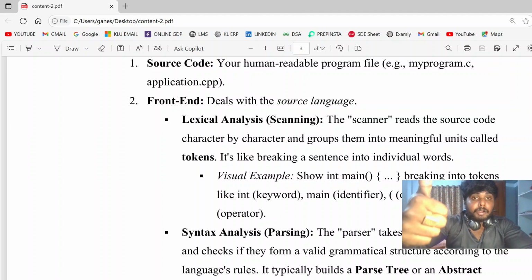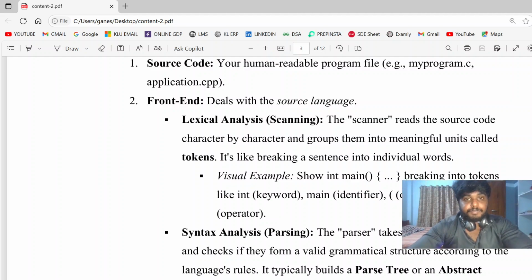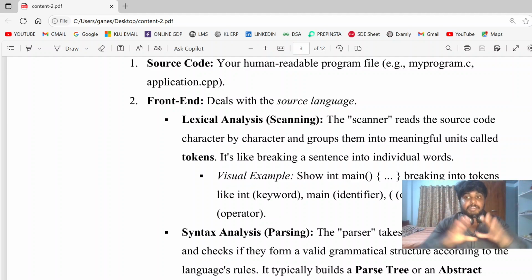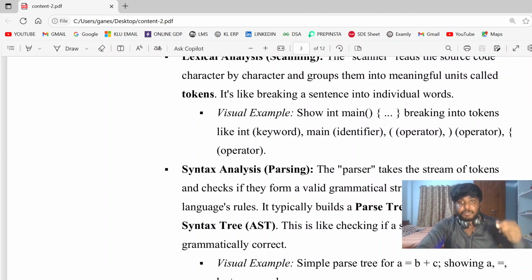First, it undergoes lexical analysis. Lexical analysis means the scanner reads the source code character by character and groups them into meaningful units. So if you wrote int main, it breaks that code into tokens, like int keyword, main identifier, operator. Next, it undergoes syntax analysis.